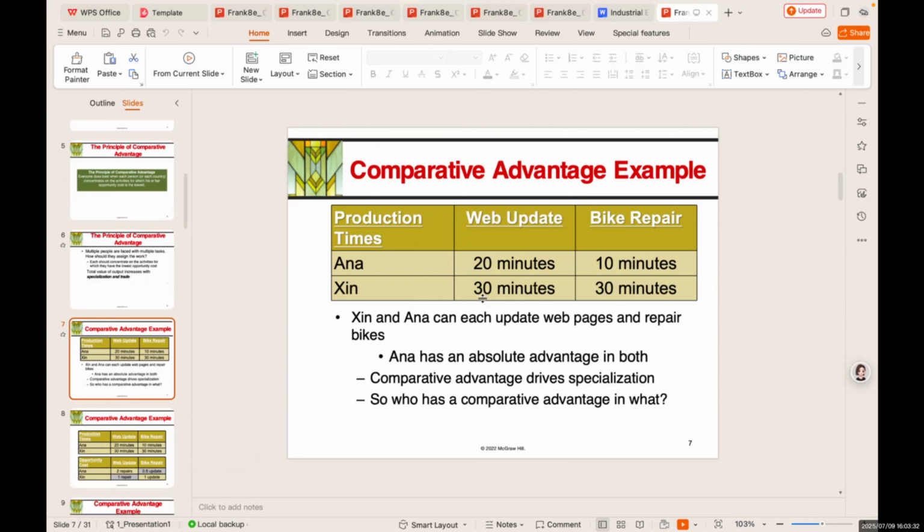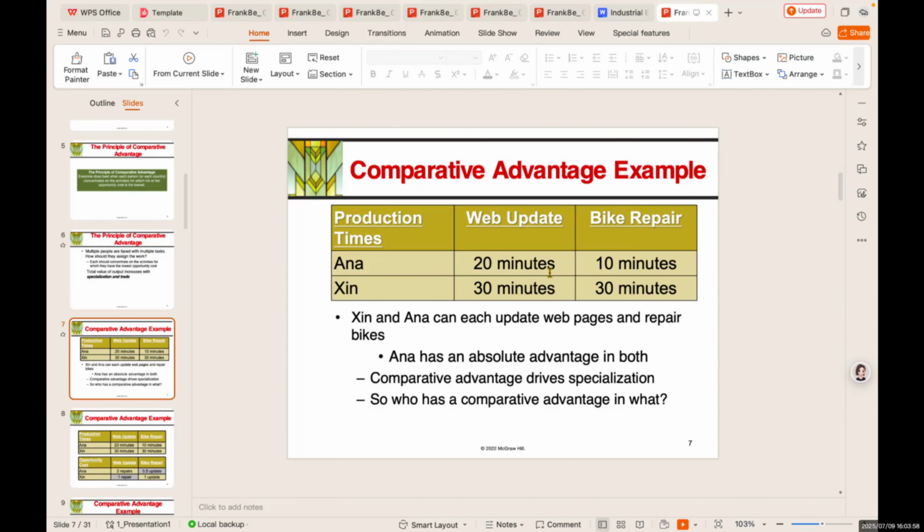So the costs are the same for her to do 1 web update job or do 2 bike repair jobs. In this scenario, the opportunity cost of 1 web update for Anna is 2 bike repairs, while by contrast, the opportunity cost of 1 bike repair is 1/2 web update.